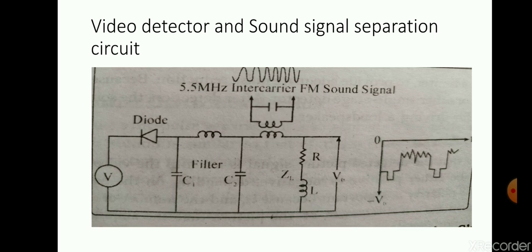The function of the detector is to recover the composite video signal and to transform the sound signal to another low carrier frequency. This is done by rectifying the input signal and filtering out unwanted frequency components. A video detector and signal separation circuit are shown here.